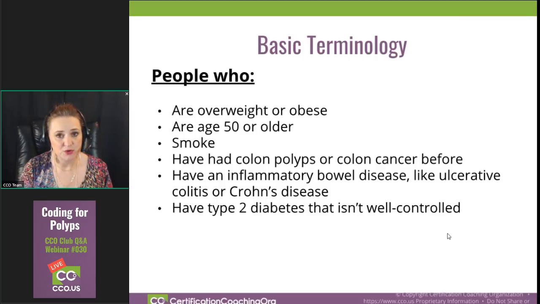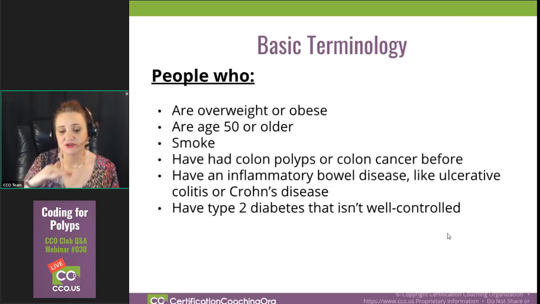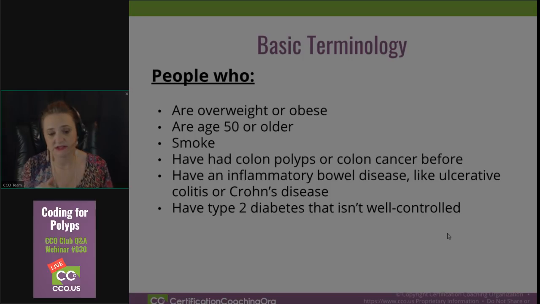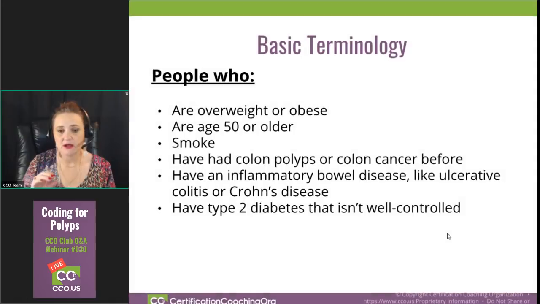Being well controlled means that you're able to keep your sugar stabilized with whatever treatment you're getting. If your diet and exercise work, then you're good. But let's say you're even on insulin and they can't seem to manage your sugars, and they're just up and down, up and down. You're compliant, but your body is just not reacting well. That would be diabetes that's not well controlled.